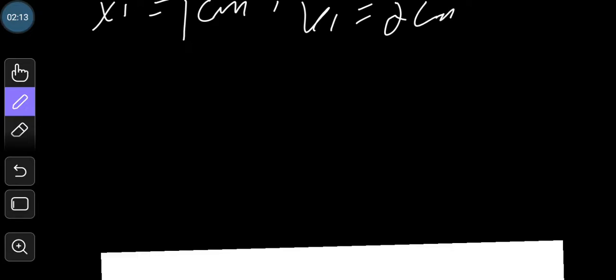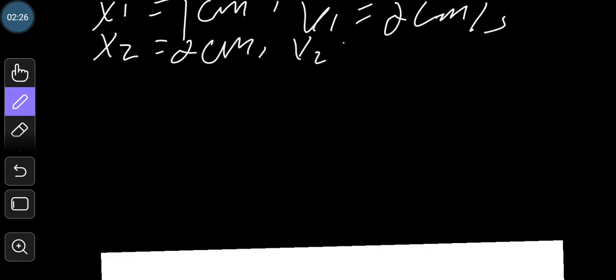x1 equals 1 centimeter, v1 is equal to 2 centimeter per second, and also at x2 equals 2 centimeter, v2 would be 1 centimeter per second.